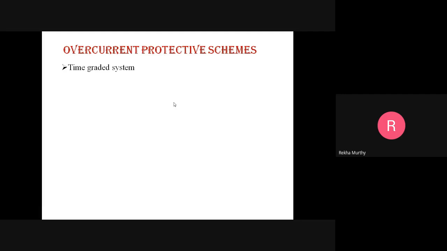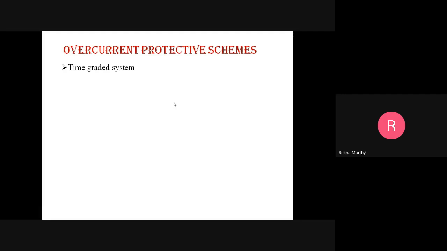Okay, suppose the relay at C fails to operate, then the circuit breaker at B should trip as a backup protection. Similarly, if the fault occurs between B and C, the circuit breaker at B should trip. The circuit breaker at A should not trip. Suppose there is a failure of the relay at section B, then the relay at A should trip.